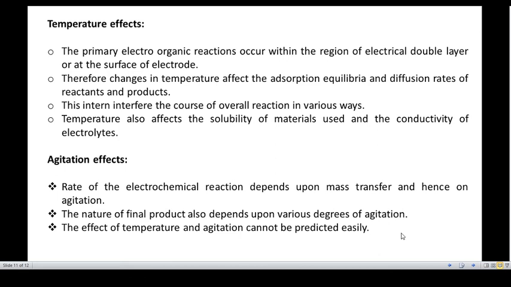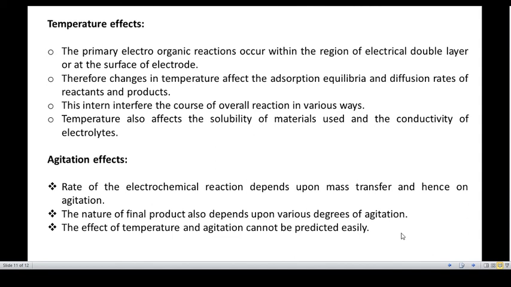Next, one of the important aspects to consider for the cell reactions is temperature effects, because the primary electroorganic reactions occur at the electrode electrolyte interface at a particular temperature.